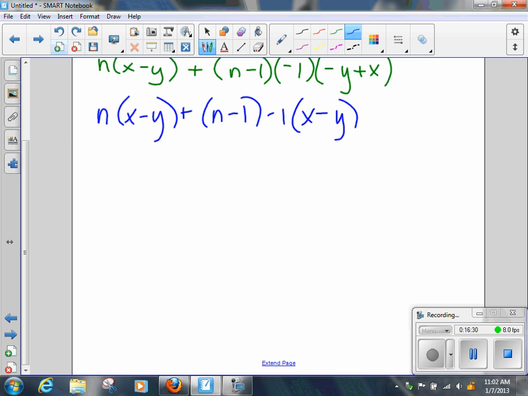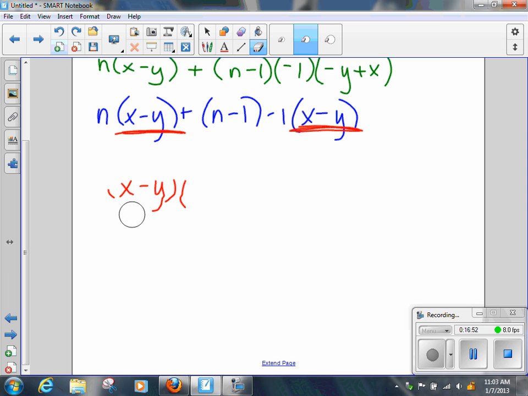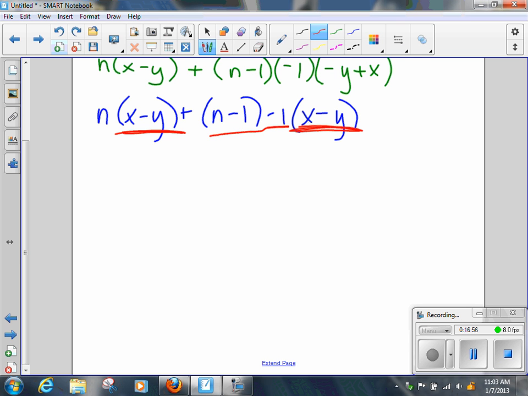Watch. Don't I have a GCF of a quantity? And now I'm going to throw it out front. This is just a grouping problem. I'm not going to factor that out yet. I'm going to do something else first.